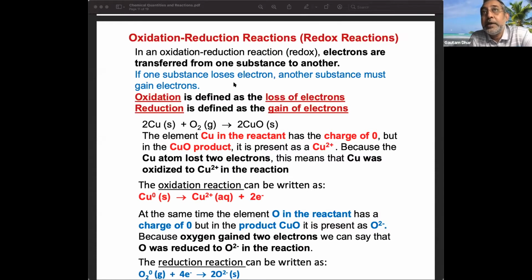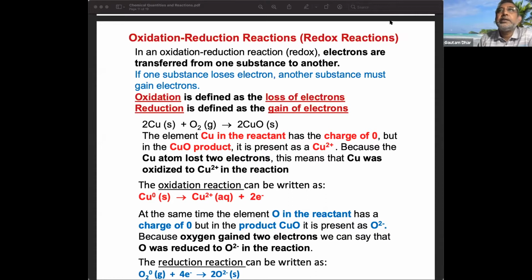Electrons, remember, are negatively charged. Often forgotten. Now you have to know this definition. Oxidation. If something is getting oxidized, another thing is getting reduced. So oxidation means loss of electron, and reduction means gain of electron. Now, how do I remember this?